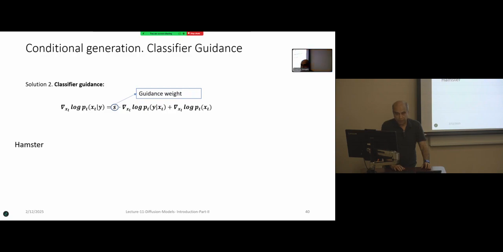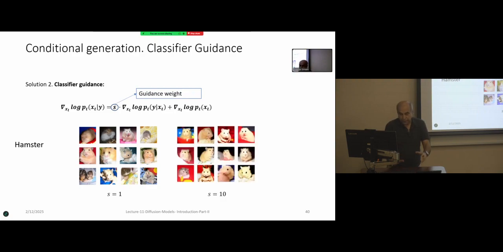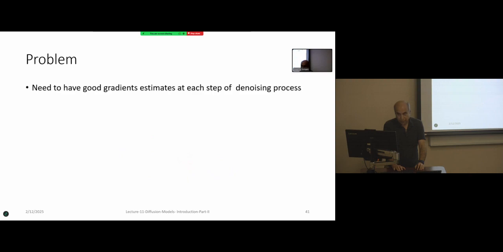So let's say you want to generate images of hamsters. If you put s equal to 1, it will generate unconditional images from that particular data set and conditional images equally. So these will not really be hamster images. But if you increase s, then mostly all these samples will be hamster images. So you can weight that. That's the weight of this term.